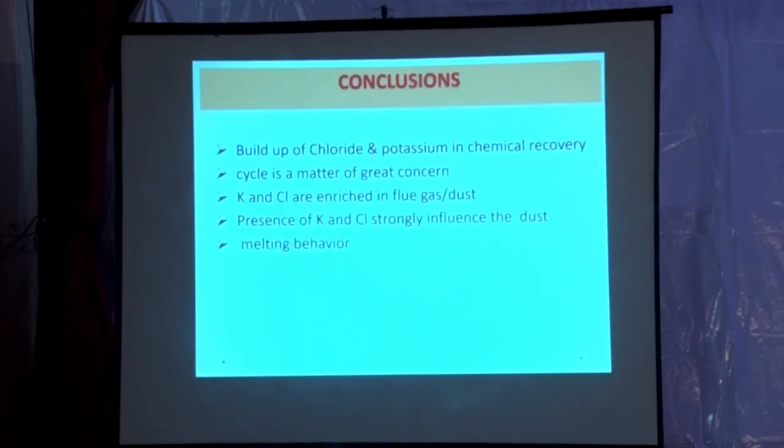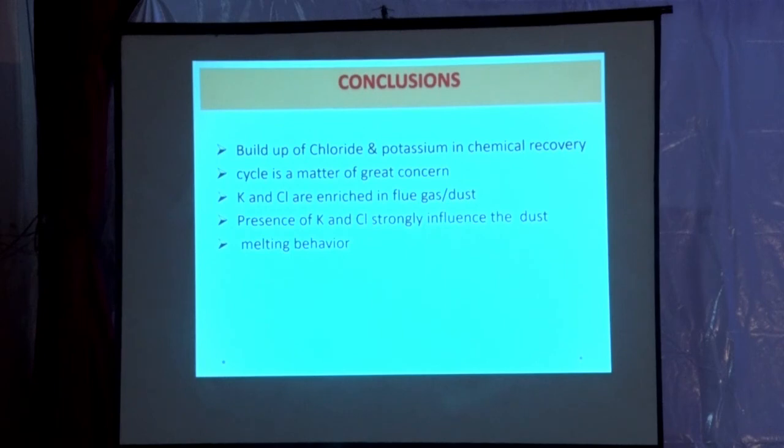Now, just to conclude this part, build-up of colloidal potassium in the chemical recovery cycle is a matter of great concern, as we all know, and we discussed in the last 30 minutes or so how we can quantify this impact. They are enriched, as we have shown the enrichment factor in ESP dust, so that is the best point to look into either by purging or by crystallization to get rid of it.